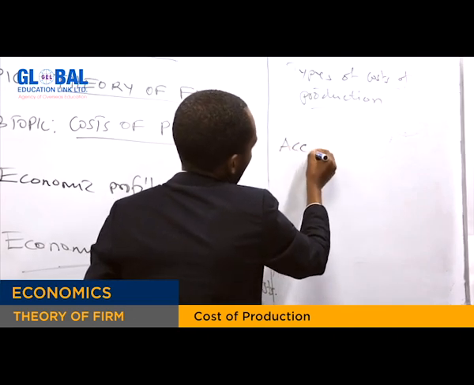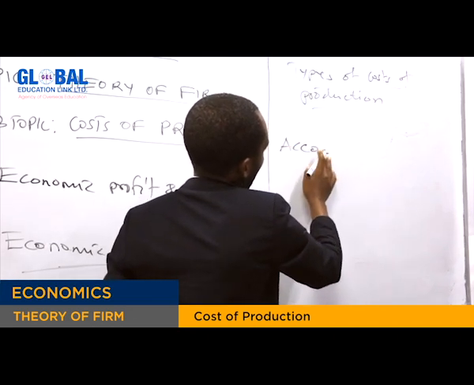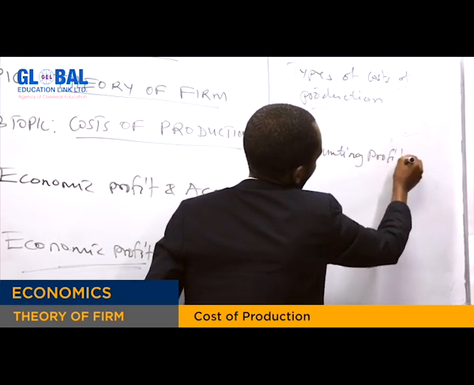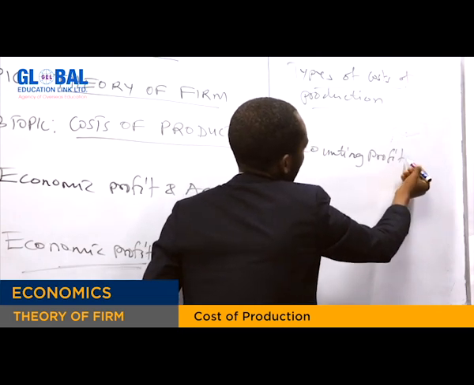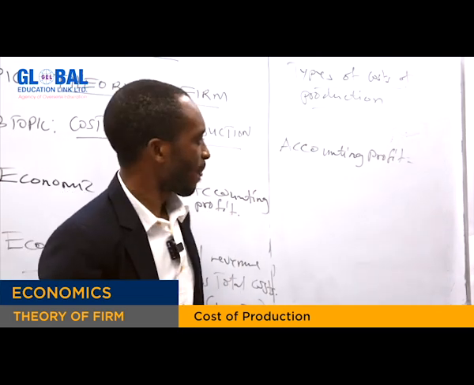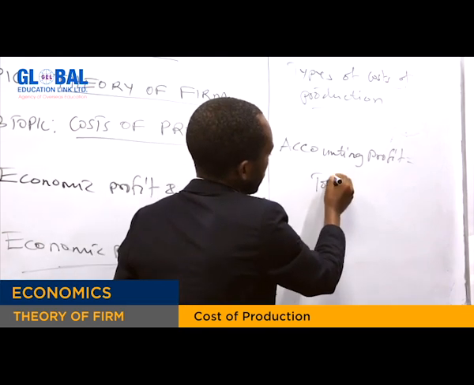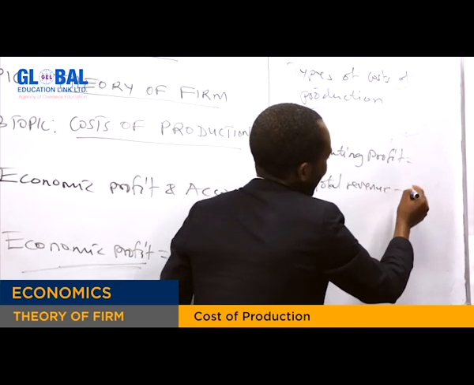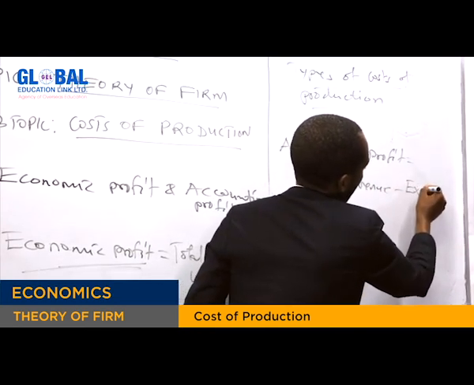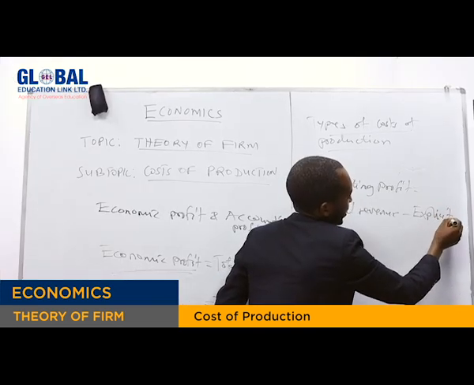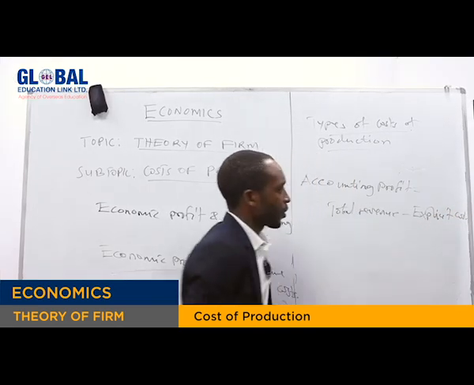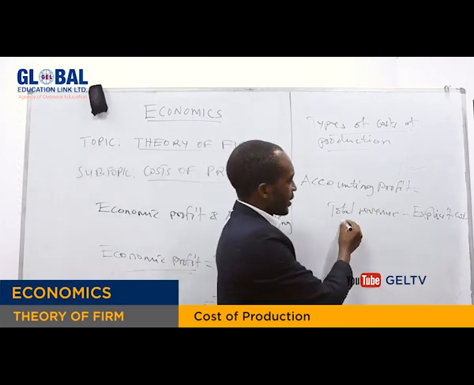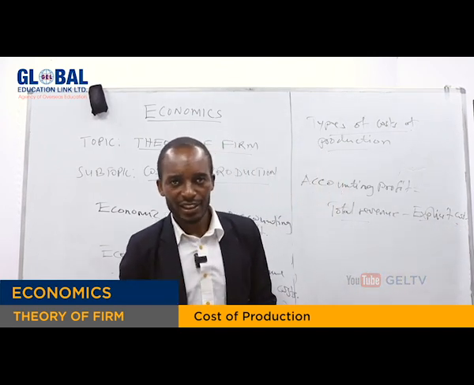Accounting profit will be equal to the total revenue minus explicit cost. So when you are asked to calculate the accounting profit, you take the total revenue minus explicit cost.